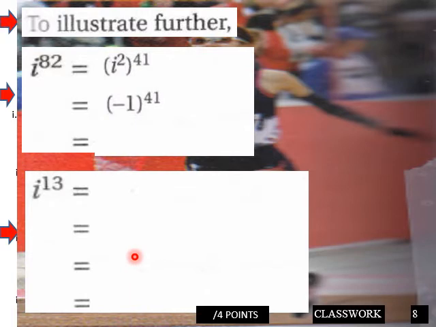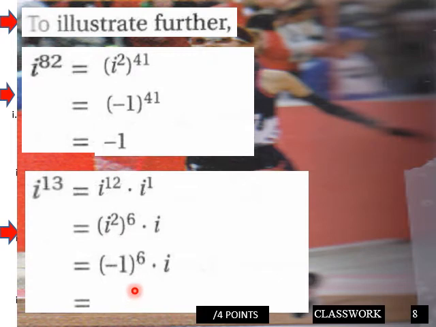Then i squared is negative 1 to the 41st power, and when negative 1 is to an odd power, it's negative 1. Now here, i to the 13th. This can become i squared to the 6th power times i, which is negative 1 to the 6th power, which will be 1 times i, which is i.